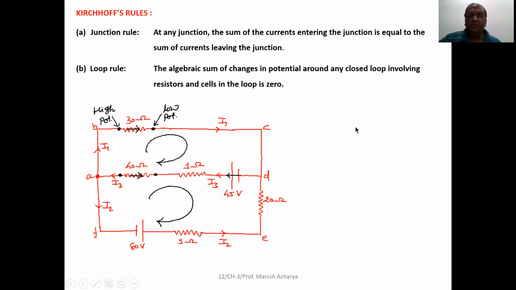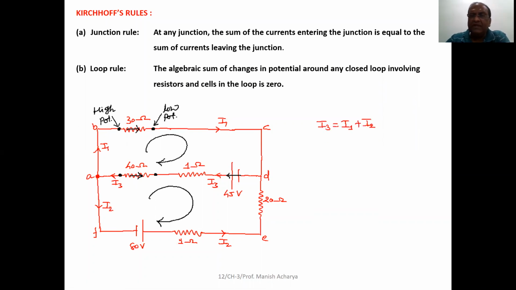Now as per Kirchhoff's junction rule, we can write here, say, consider the junction A. For junction A, see, the total amount of current entering the junction is I3. Only one current is entering junction A. But two currents, I1 and I2, are leaving the junction.